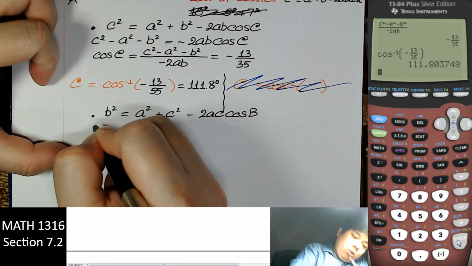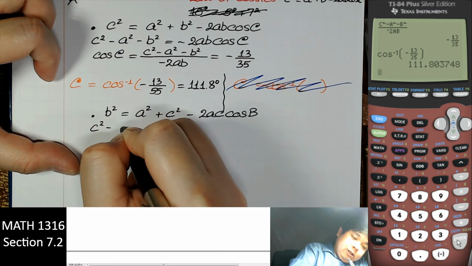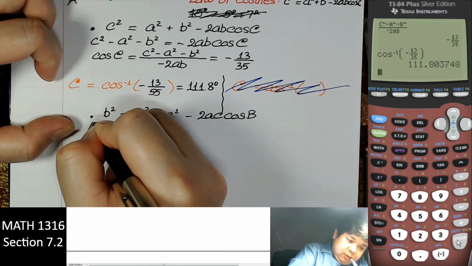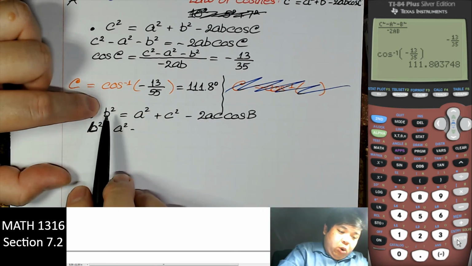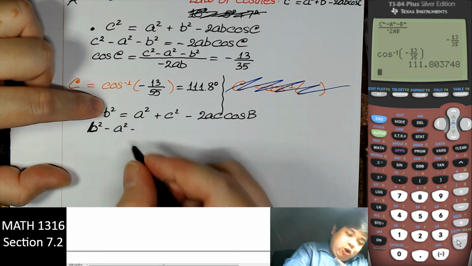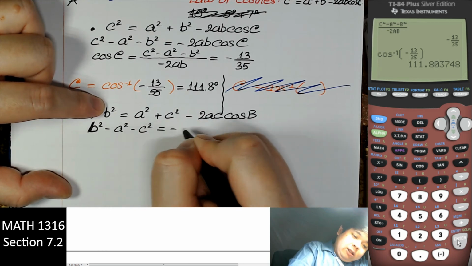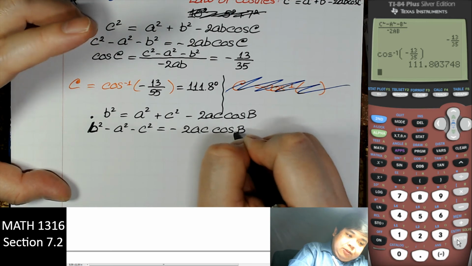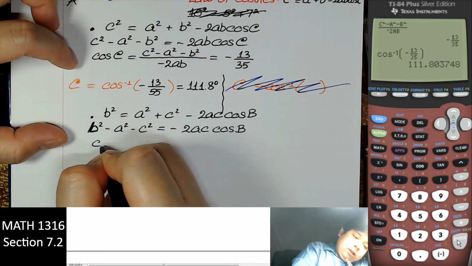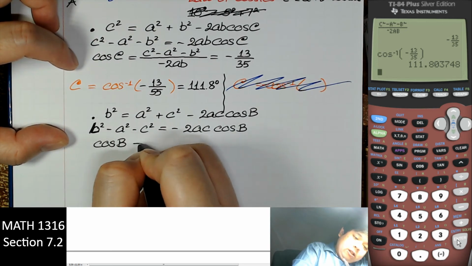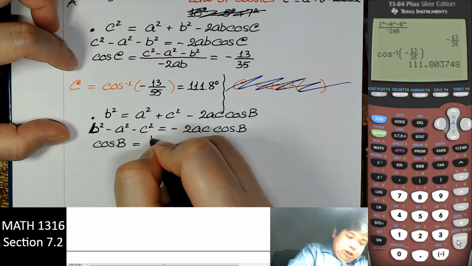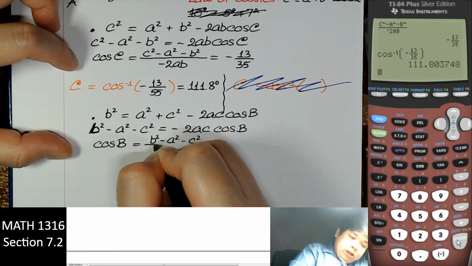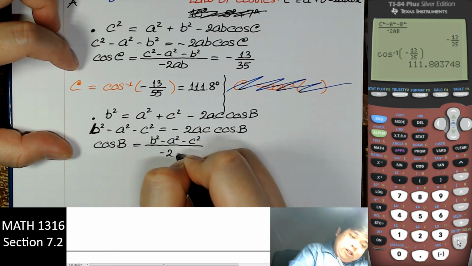Subtract a squared and c squared. B squared, subtract a squared, subtract c squared, equal negative 2ac cosine b. So cosine b equal to b squared minus a squared minus c squared over negative 2ac.